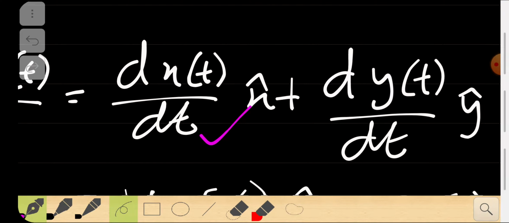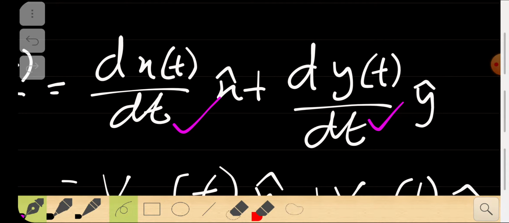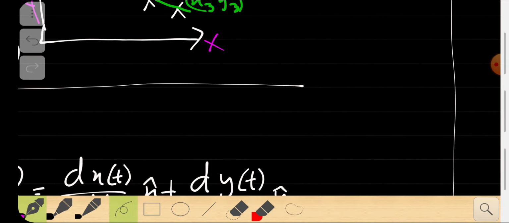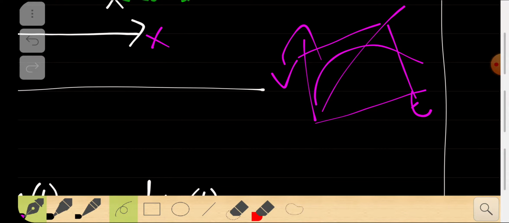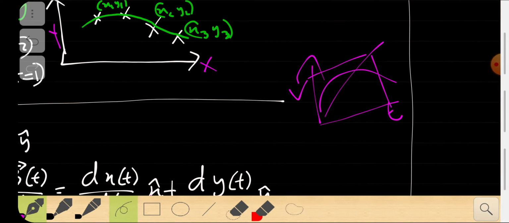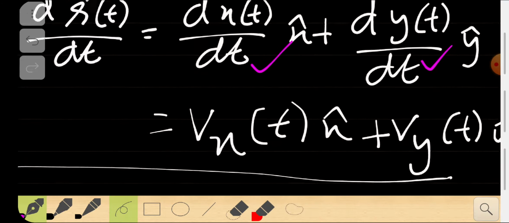We can also distinguish each of those components of velocity. Like if you have a position versus time graph and we found a velocity versus time graph, we can represent the components of velocity similarly in terms of x and y.